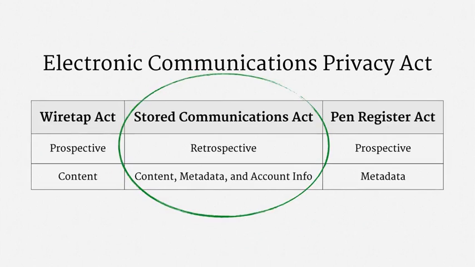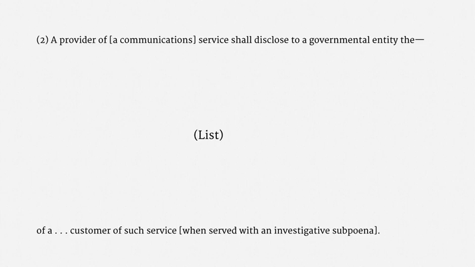And in fact, there's a specific statutory provision within the SCA that addresses these categories of information. It's not too difficult to read. The provision says that a provider of a communications service shall disclose to a governmental entity, and then it lists some categories of information, and then says, of a customer of such service, when served with an investigative subpoena.